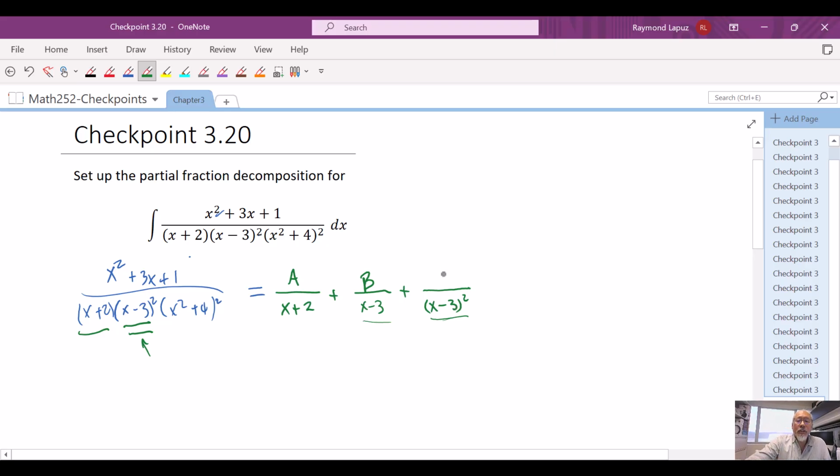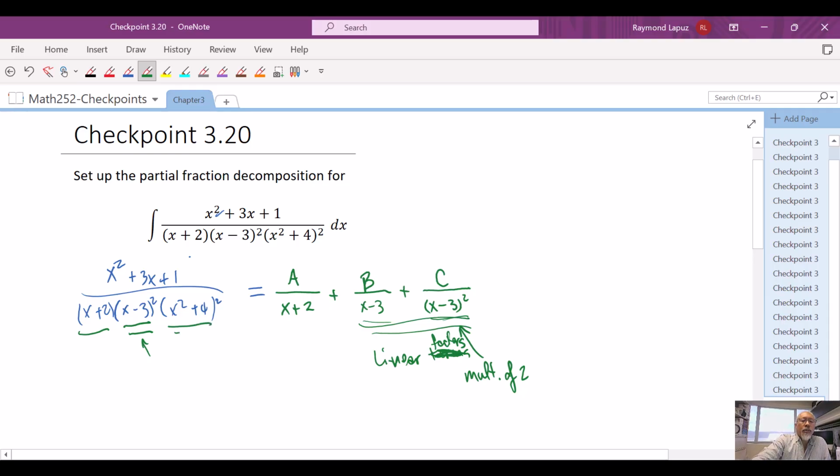Because it's a linear factor, its numerator is also going to be a constant. So that takes care of that second one.